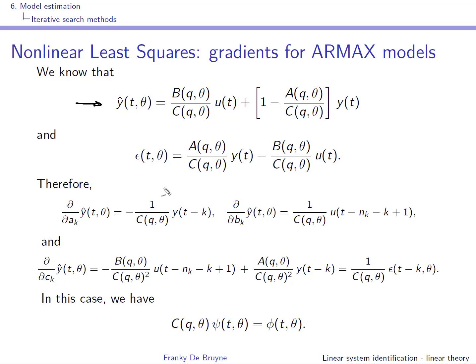When you take the derivative with respect to the c's, you'll have again this minus 1 over c squared appearing. You've got it here and you've got it over here. We have already a minus sign here, so this explains the plus. In this case here you keep the b, and here you'll keep the a, and in this case we'll work with delayed versions of the inputs, and here delayed versions of the output.